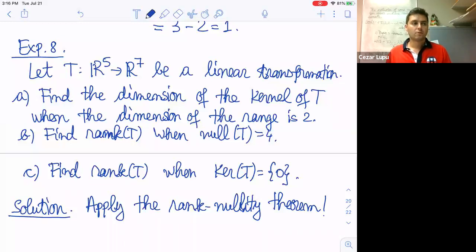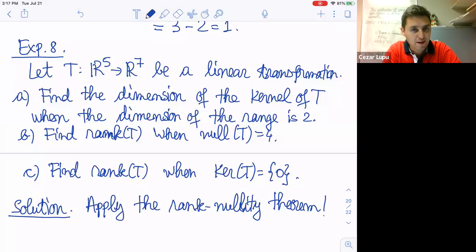Okay, so once we do this, let's keep in mind the dimension of our domain will be what? What is the dimension of the domain? I want to hear you.